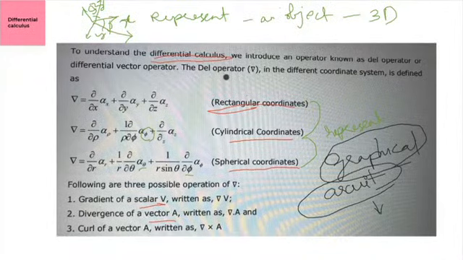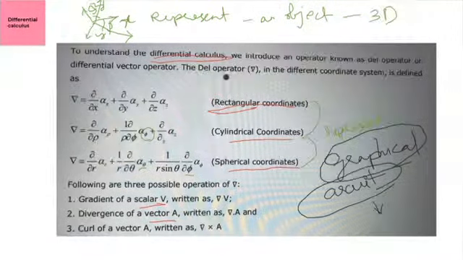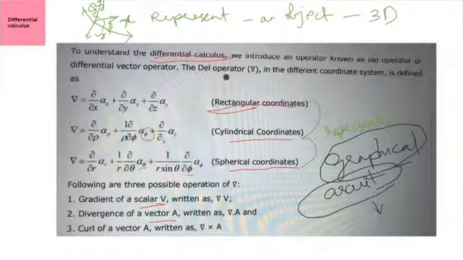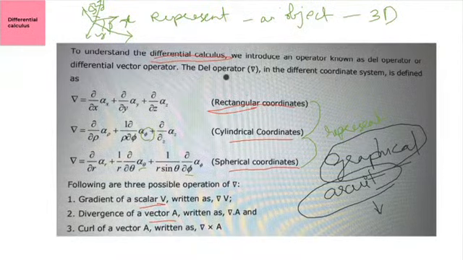To bring out that physical phenomenon on paper in terms of equations, you need to represent it somewhere in space. When you represent it in terms of distance, then it is rectangular. When you use some angle, then it is cylindrical. When you use two angles and one distance, then it is spherical form. Clear? So for now, you know what a coordinate system is.